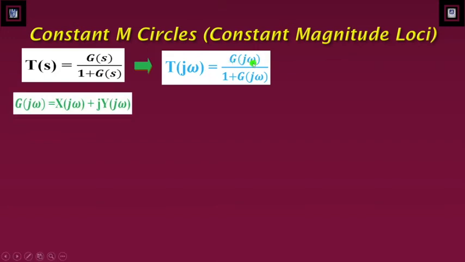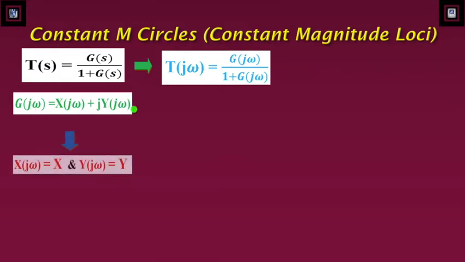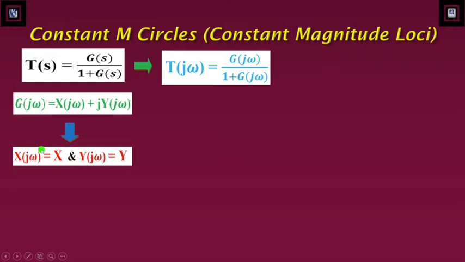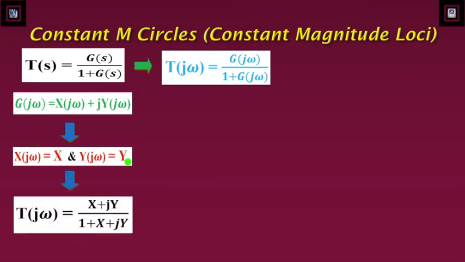Since j omega is a complex number, we can write it in rectangular form. For simplicity, let us denote this as x and this as y. Then T(j omega) is equal to x plus jy divided by 1 plus x plus jy.